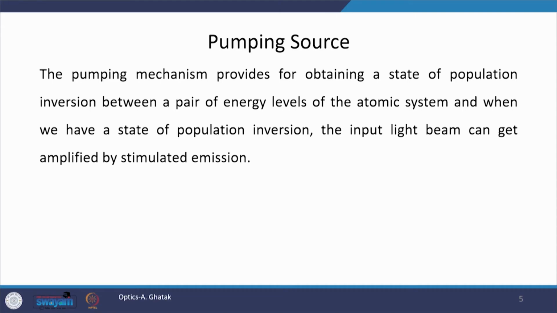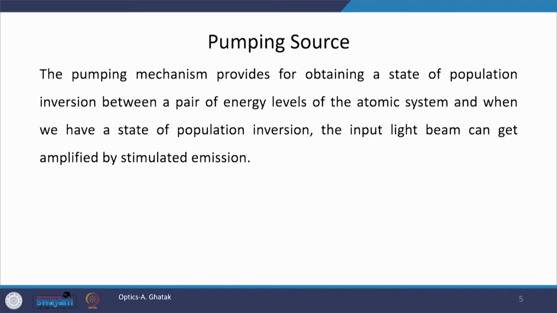Now, the pumping mechanism provides for obtaining a state of population inversion between a pair of energy levels of the atomic system. And when we have a state of population inversion, the input light beam can get amplified by stimulated emission.